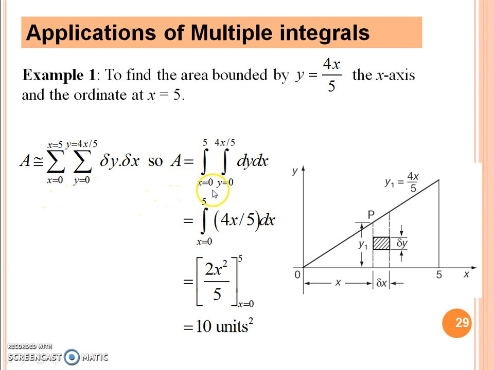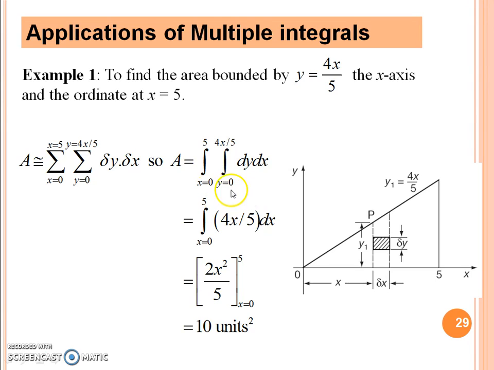Here we consider the region. We draw the figure. y equal to 4x by 5 is a straight line passing through the origin. The x-axis and the ordinate at x equal to 5, which is the line parallel to the y-axis passing through x equal to 5.